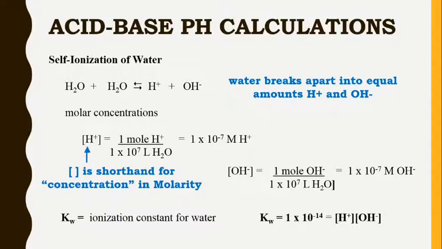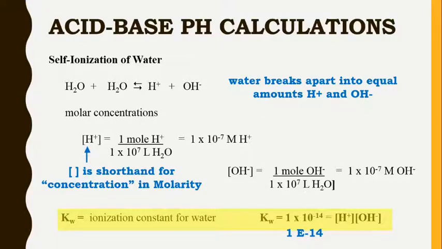But long story short, lots of very smart people calculated these concentrations and came up with this equation that set the ratio of these H pluses and OH minuses equal to the constant. That constant is 1 times 10 to the negative 14th.